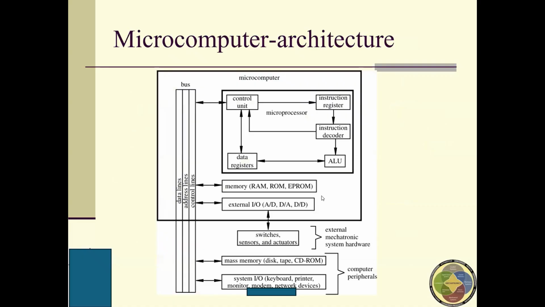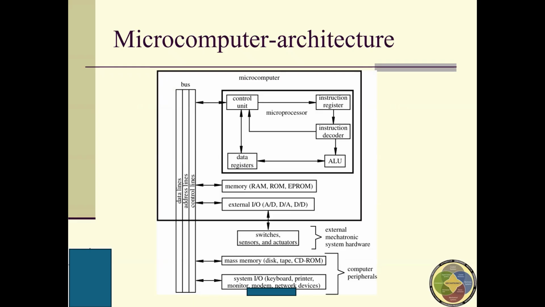This is microcomputer architecture. Just like the brain, when we do the anatomy in other departments, they will show people what the brain is made of, what the components of the brain are.